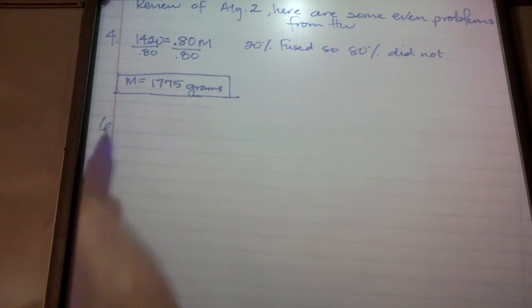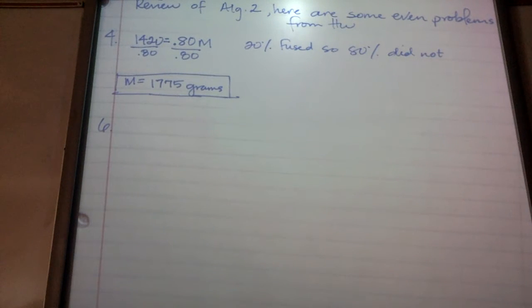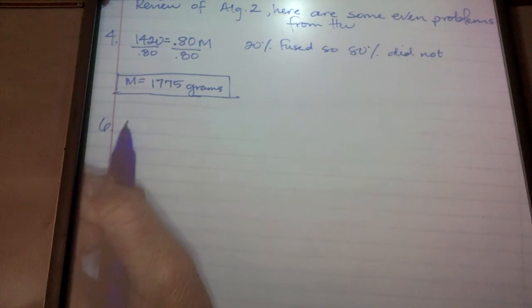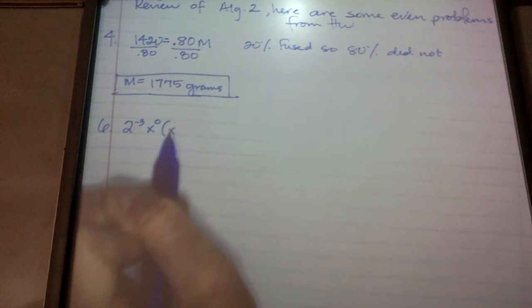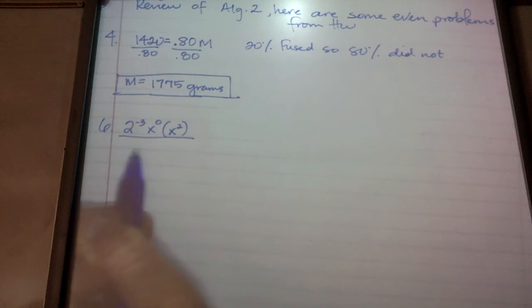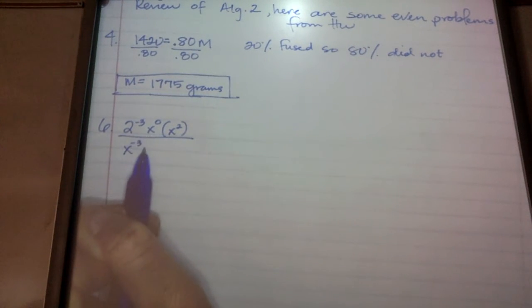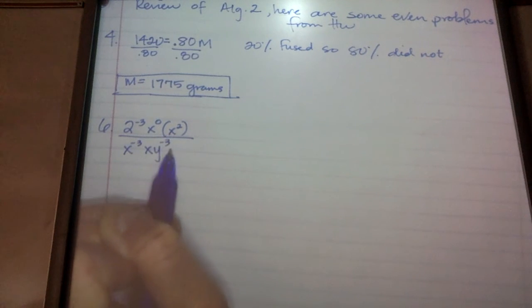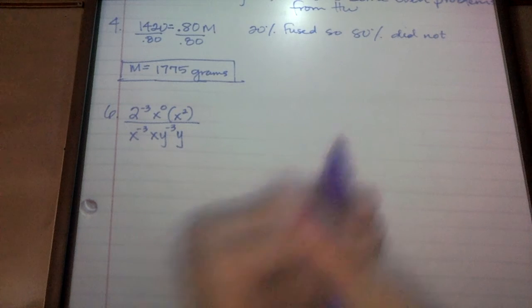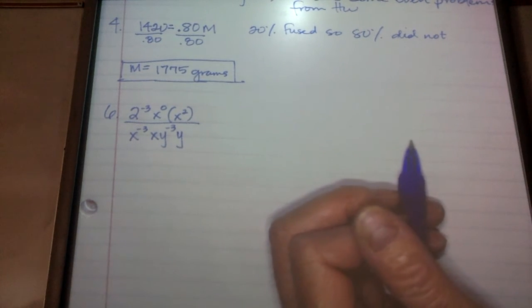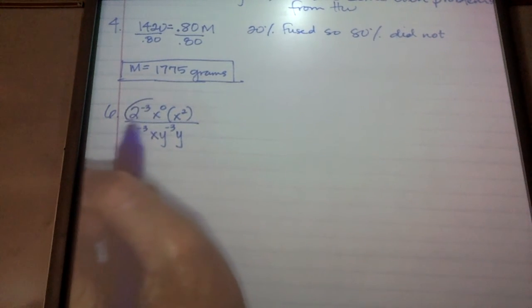Number 6 is complete review of exponents. I'm just going to go over how I did it. So 2 to the negative third, x to the 0, x squared, x to the negative third, x y to the negative 3, y. Remember, anything that's negative, I'm going to move.